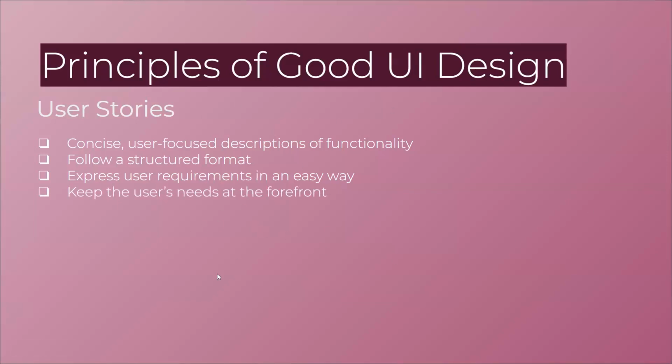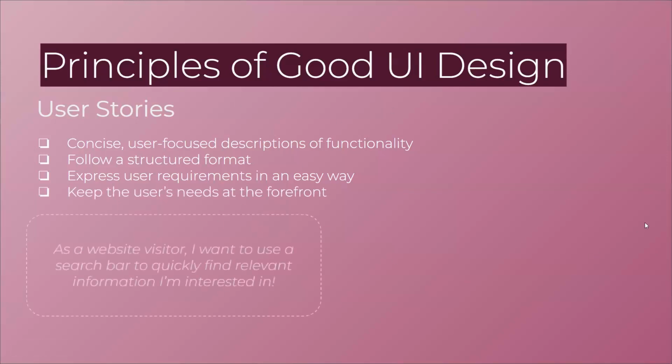So here's an example of a user story. As a website visitor, I want to use a search bar to quickly find relevant information I'm interested in. So the user type is a website visitor, the action is that they want to use a search bar, and the outcome is that they want to quickly find relevant information.